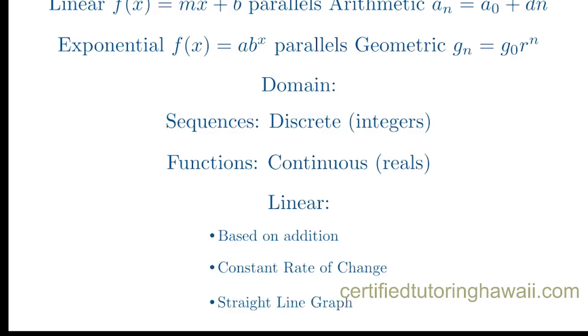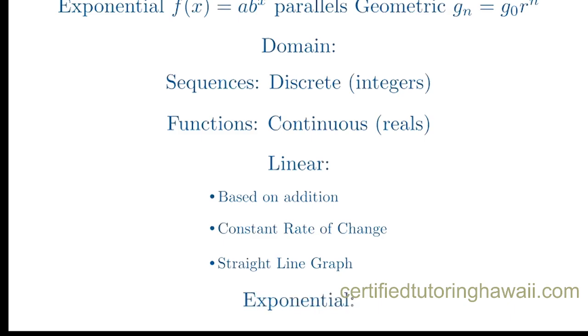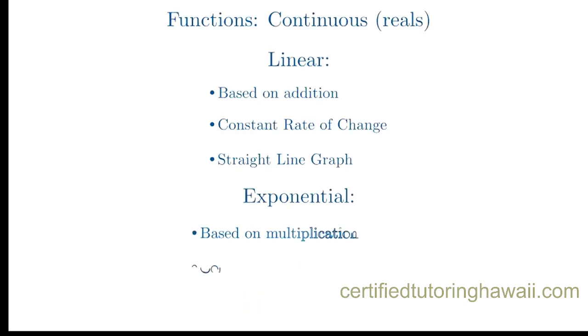Exponential functions are based on multiplication, have a constant proportional change, and a curved graph that grows very rapidly. Understanding these fundamental similarities and differences is essential for modeling and solving real-world problems in AP Precalculus.